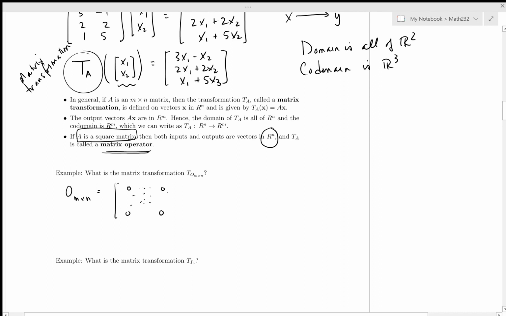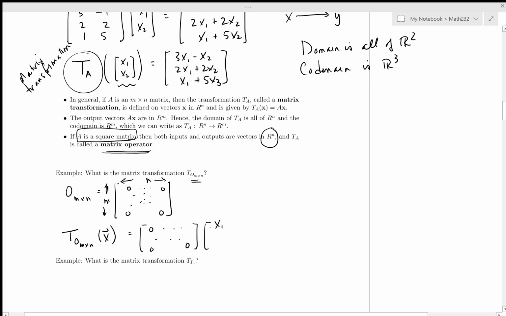Okay, zeros, where there are m rows here, and there's n columns here. That's what it looks like. And so if we take T like that, and we operate on X via that, we will take that matrix of all zeros, and this thing here will be of dimension n, because there are n columns in this matrix.